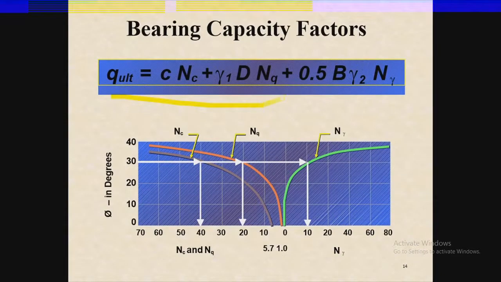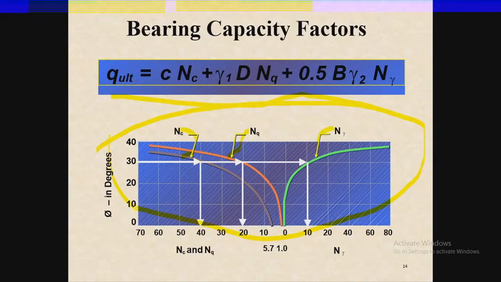This is again a method, a chart with the help of which you can find the value of NC, NQ, N gamma, which are known as the Terzaghi bearing capacity factors. This curve is basically the curve for the values of NC, this red one is for the value of NQ, and this green one is for the value of N gamma.